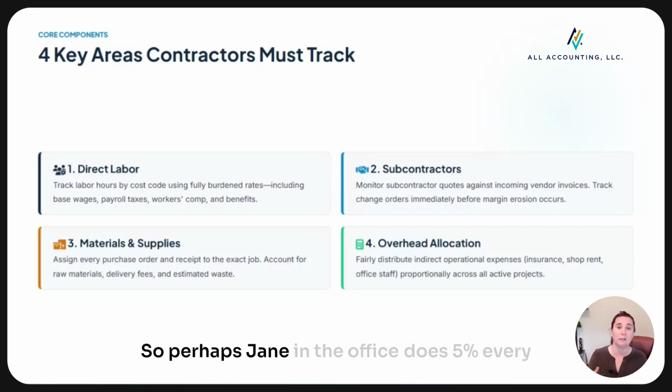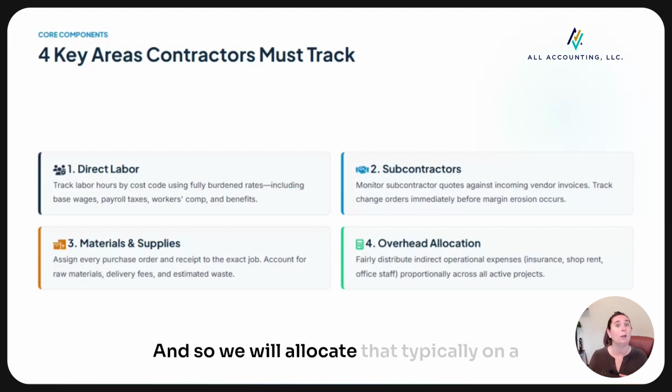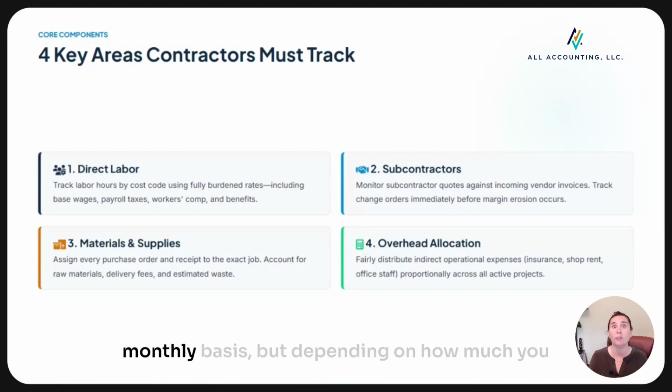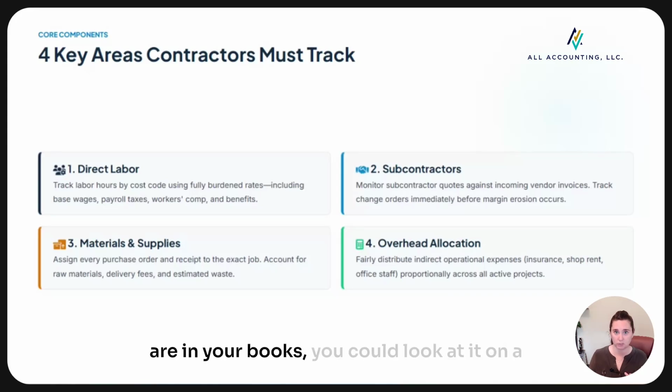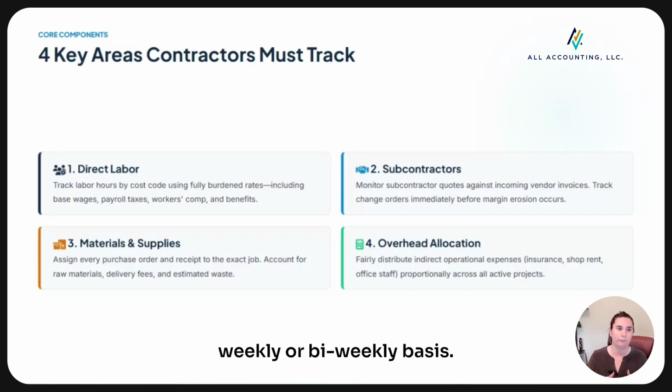So perhaps Jane in the office does 5% every week into specific jobs. And so we will allocate that typically on a monthly basis, but depending on how much you are in your books, you could look at it on a weekly or bi-weekly basis.